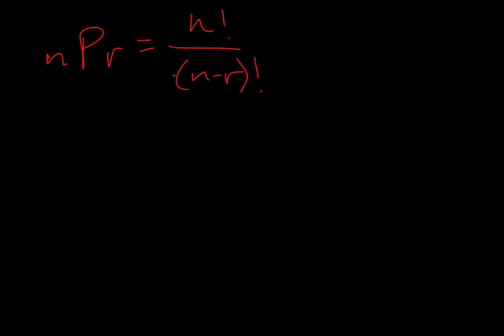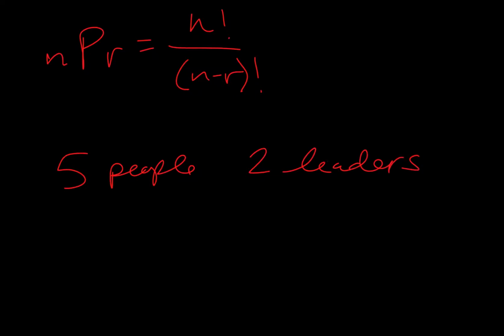Now, permutation works in a similar way. It just has a slightly different equation. So it's just like the combination one, but we actually drop that r factorial that was right here. Okay? And so we could do the same situation. So 5 people, 2 leaders, but specifically maybe we want a president and then a vice president.